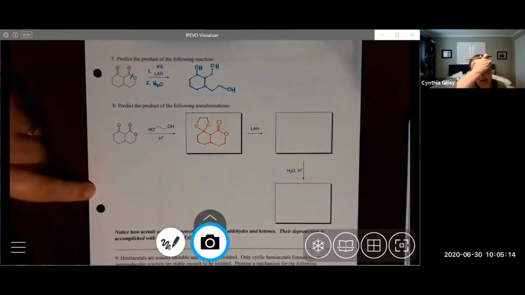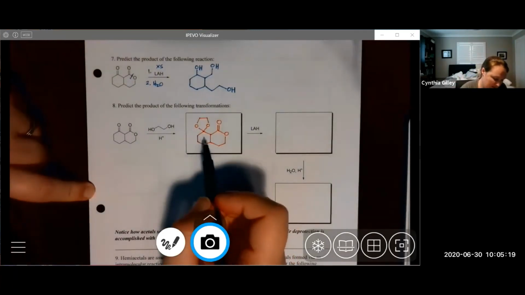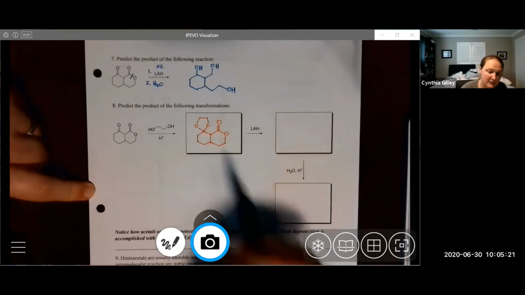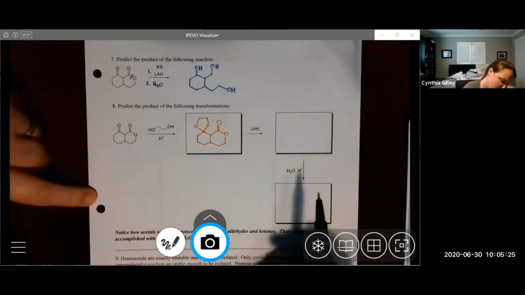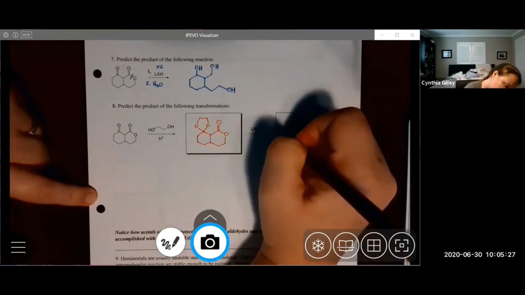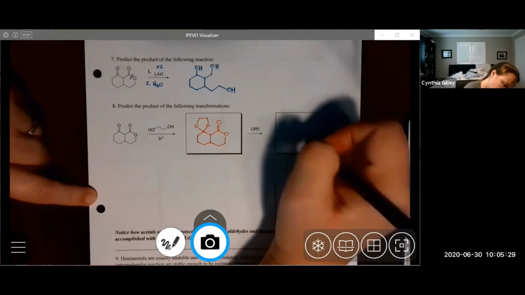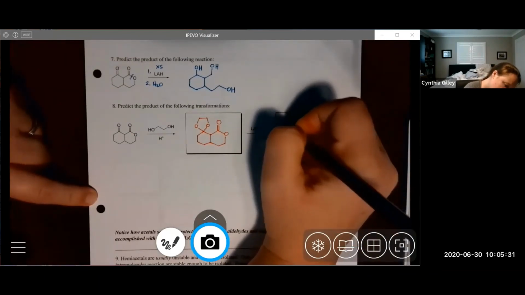And then now we're treating with LAH. Okay, so this is no longer a ketone. So LAH is not going to be active, but it will still reduce the ester. So it does not react with the acetal.